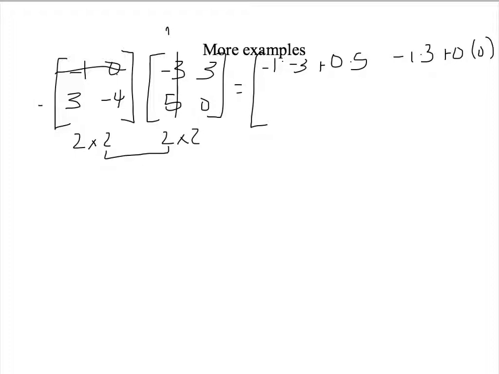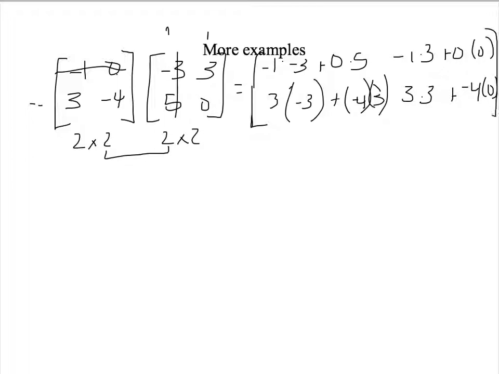Second row, first column: 3 times -3 plus -4 times 3, and then second row, second column: 3 times 3 plus -4 times 0.